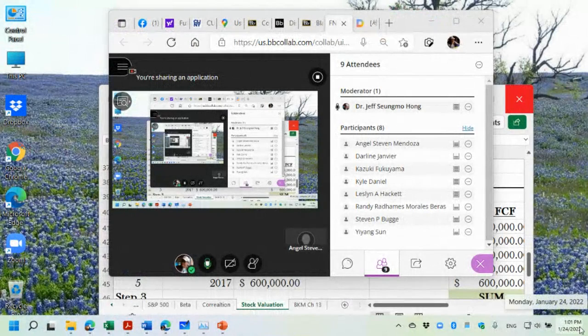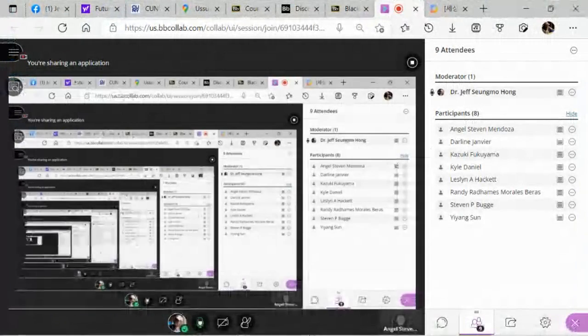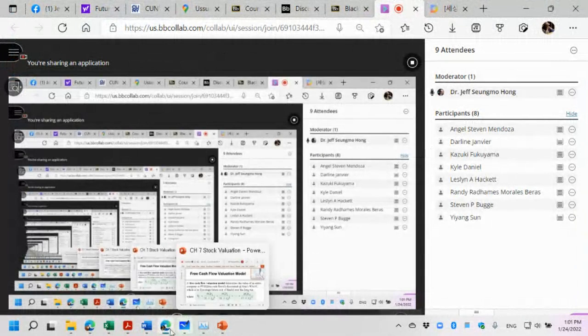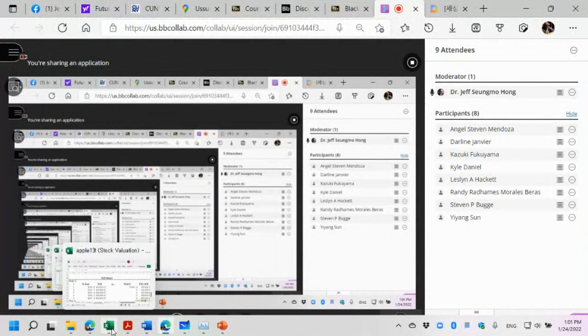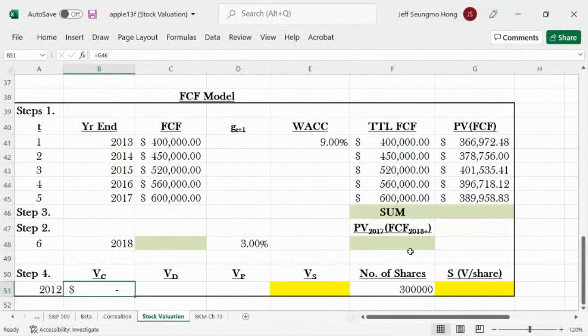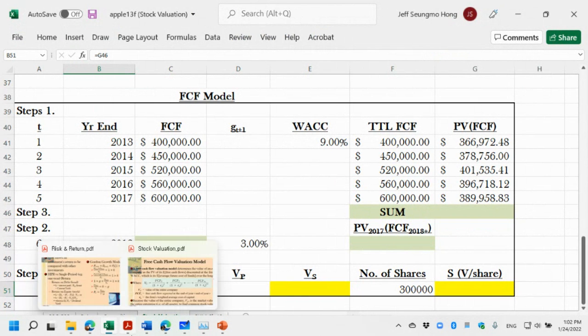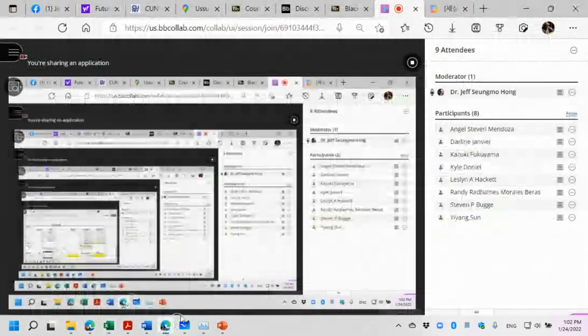Yeah, 101. So we'll take a 10-minute break and come back at 110. Okay. And please don't forget to clear all the highlighted cells in the free cash flow model. Okay. All righty. 10 minutes.